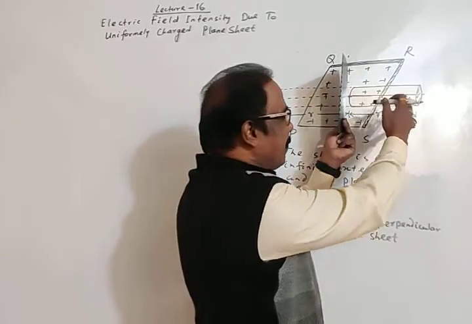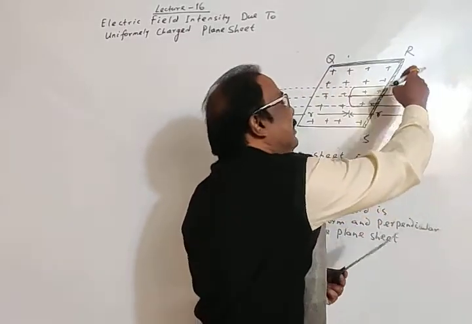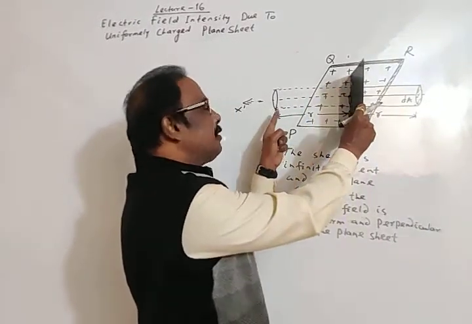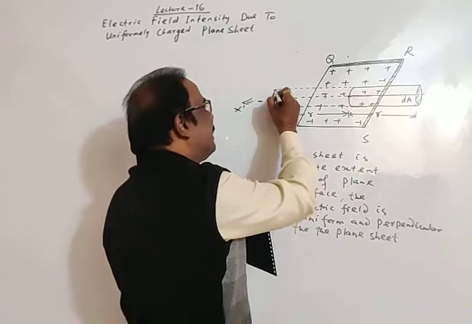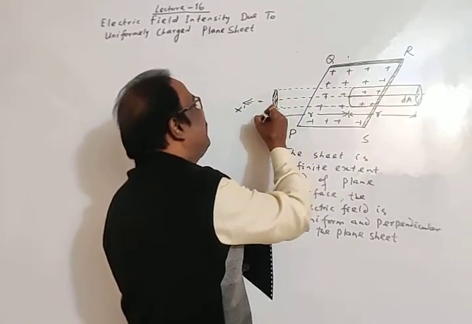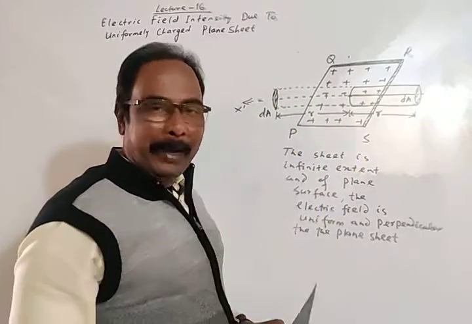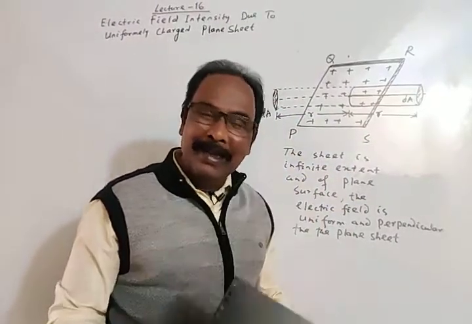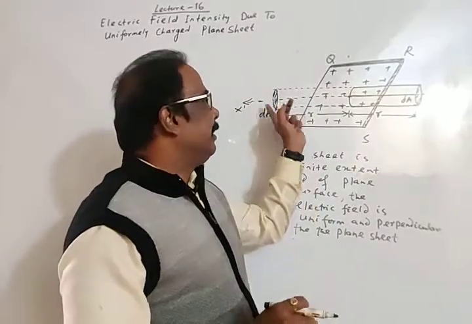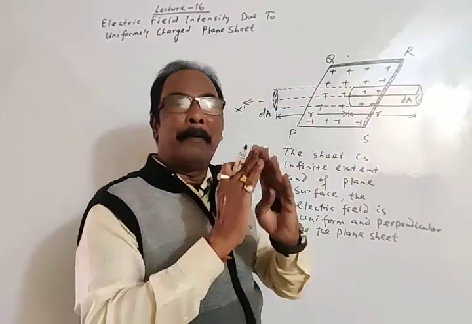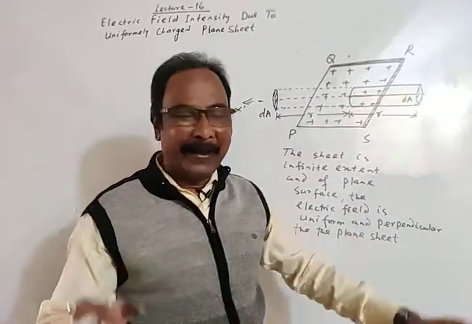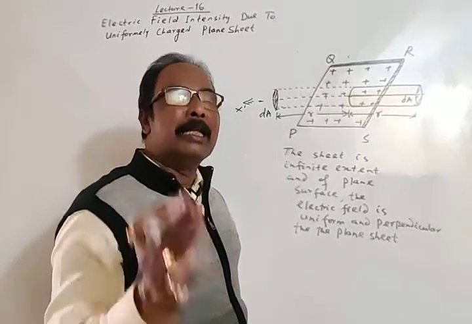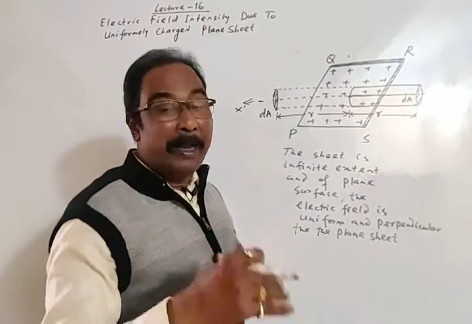At the same distance r on the other side, we consider again an elemental area dA. Then the total length is 2r. We may imagine the Gaussian surface is in the form of a cylinder of length 2r. Then we have to find the flux by using the general formula.